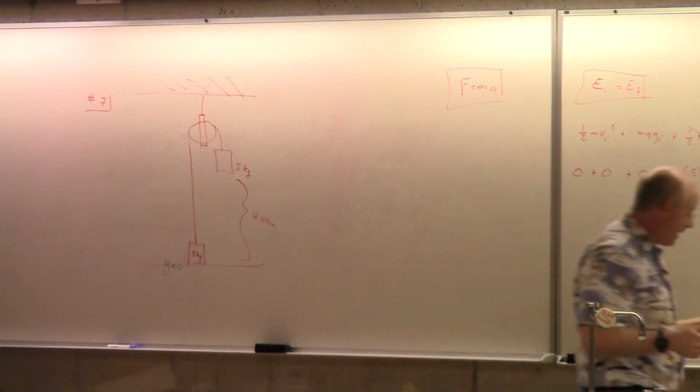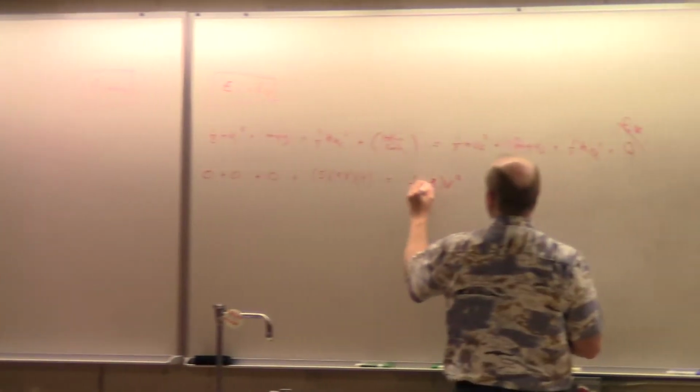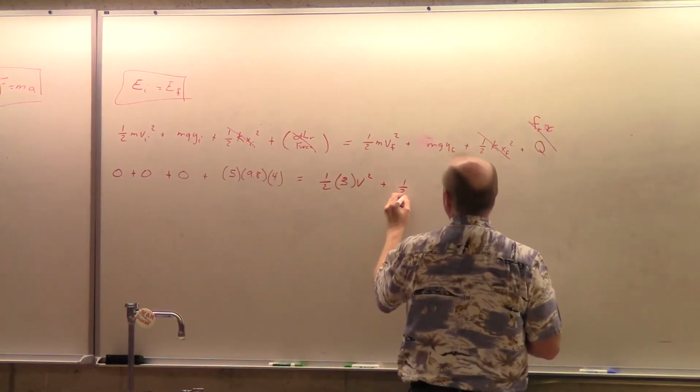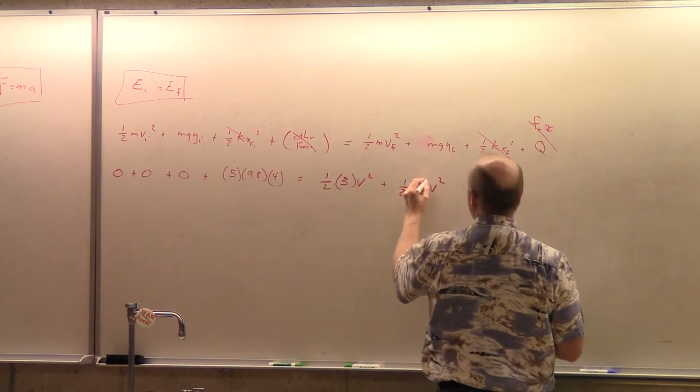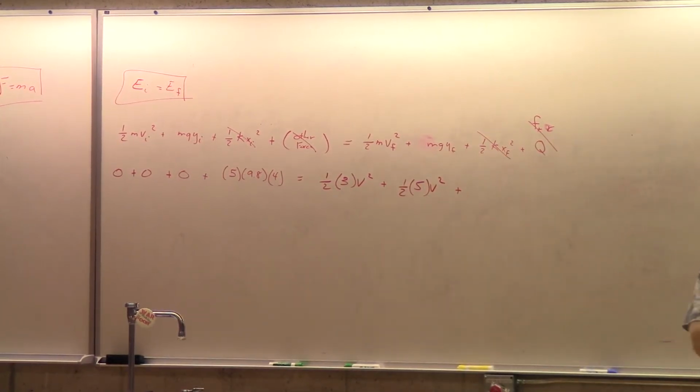So we wrote down 1/2 3v squared plus 1/2 5v squared. We had the 2 terms because of the 2 objects, both moving with the same speed. So we didn't have a v1 and a v2, although that's why I picked the next problem, but more when we get there, okay?